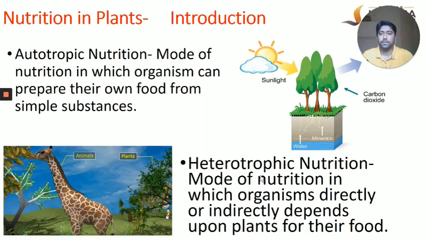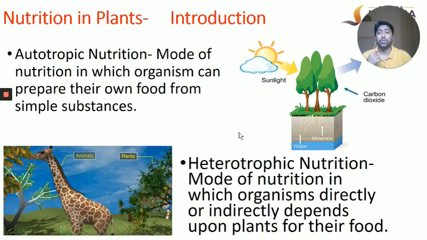Everyone. So yesterday we discussed nutrition in plants, and we said that nutrition is providing essential nutrients to the organism's body so that it can perform growth and development. Nutrition in plants is basically of two types: autotrophic nutrition and heterotrophic nutrition.